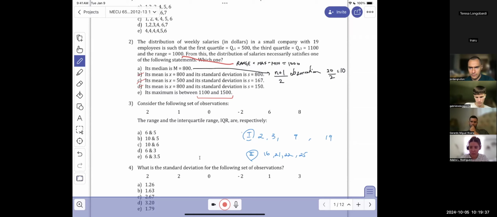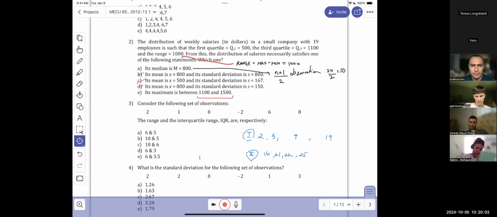I have no other data. I just know I have 19 observations.